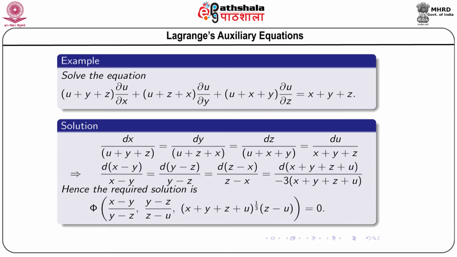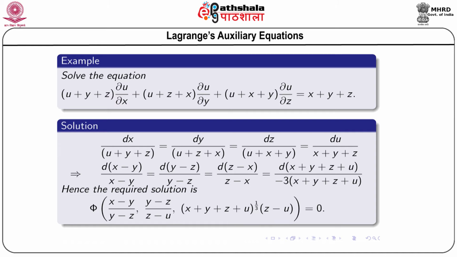Now we illustrate the idea by taking this example. In this example, there are 3 independent variables x, y, z and 1 dependent variable u. So, this is a first order quasi-linear differential equation and we have to solve it.